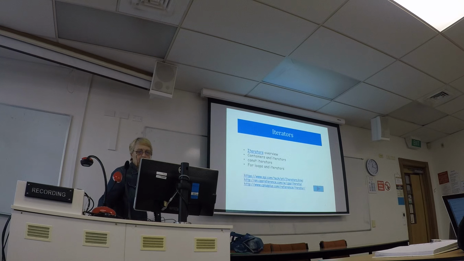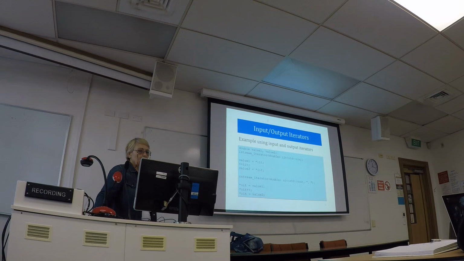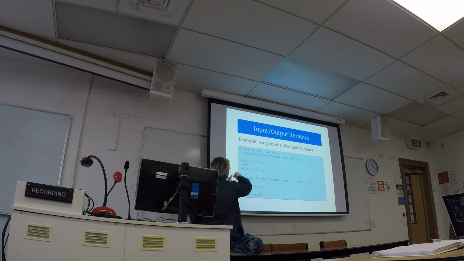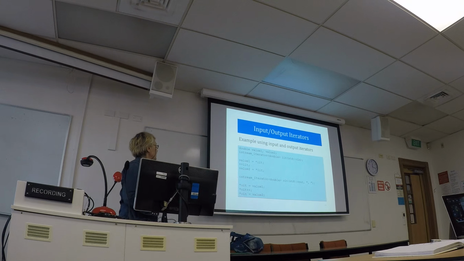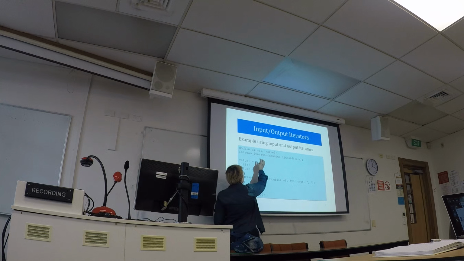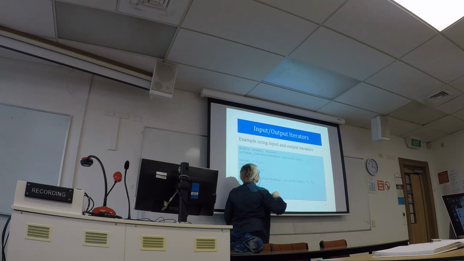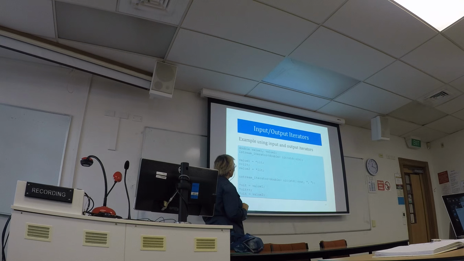So, we have covered input and output iterators. We have seen that istream iterator is providing plus plus and dereferencing. This is the set of features for an input iterator. This dereferencing accepts values when we use it.